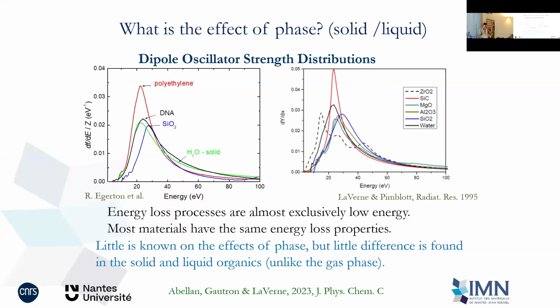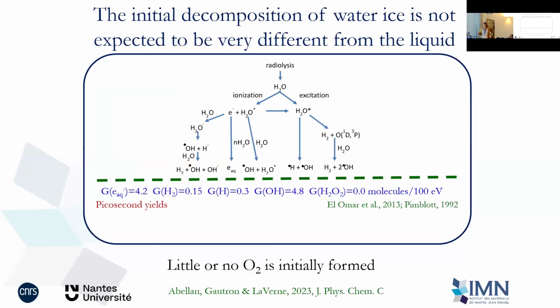In radiation chemistry, they always assume that solid and liquid behave in a very similar way. If you measure a gas, it's going to be very different. So you can compare ice, liquid water, and then water vapor. In the low energy spectra, the dipole oscillator strength is going to be very similar for ice and liquid, and for gas water it is going to be quite different.